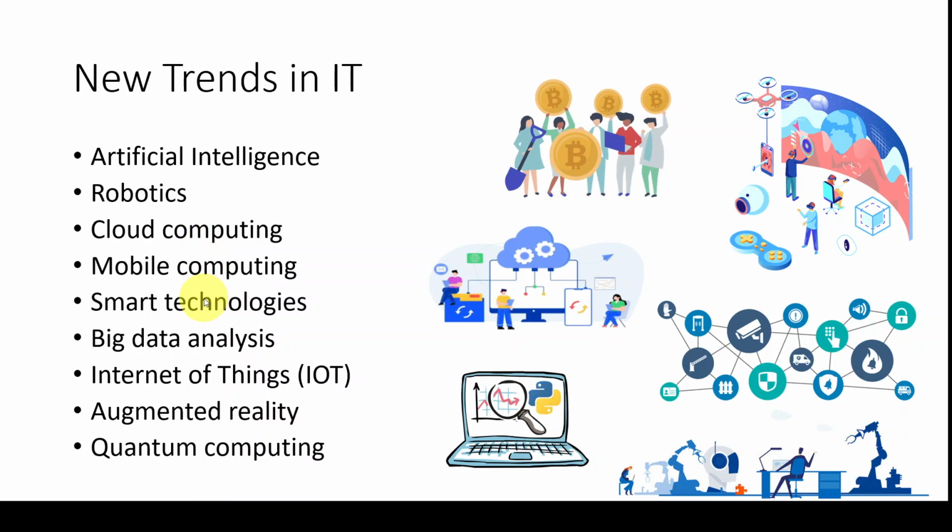Then of course the smart technologies. We all know smartphones, and not only smartphones, we have other smart devices also, especially in the IoT. Then big data analysis is another area. I already mentioned the Internet of Things, where devices communicate and collaborate with each other, electronic devices becoming smart devices.